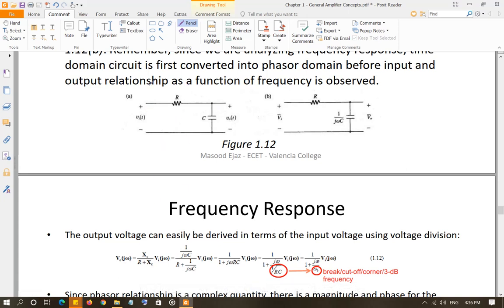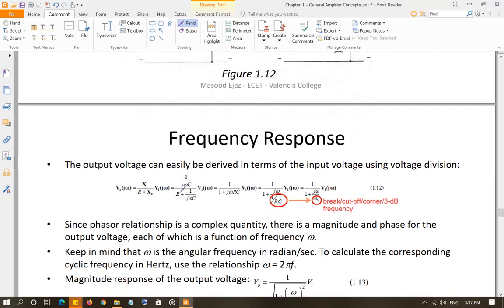So when we write the output in terms of input for this circuit, V out, using voltage division, V out equals input times the reactance of the capacitor divided by R plus XC, right? Simple voltage division. The only difference is our numbers are not real, they are complex. So here's the voltage division that I applied, and of course XC is 1 over j omega C. I simplified this, and I'm going to get to this form right here.